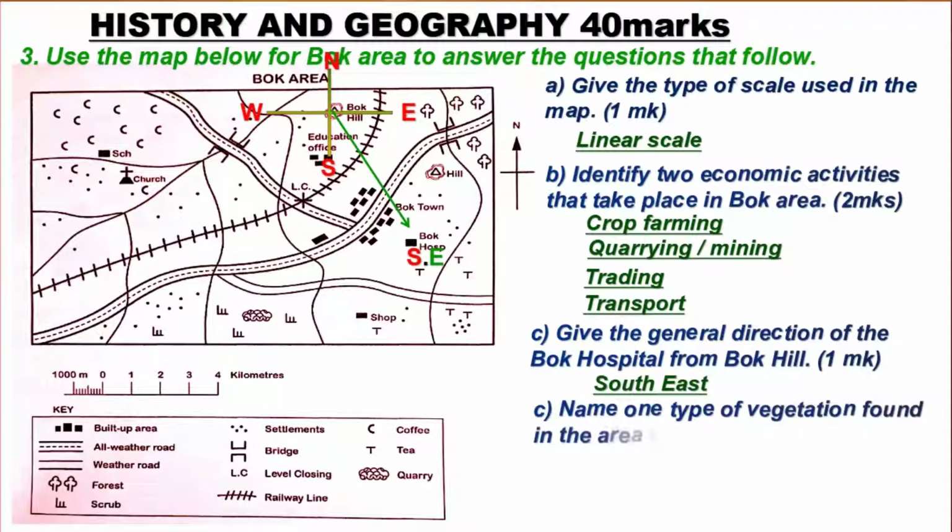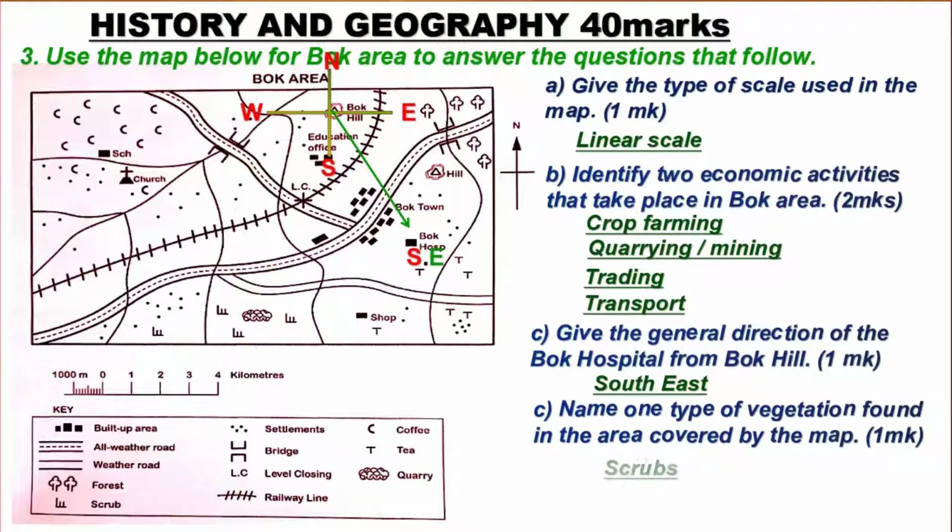Question number D. Name 1 type of vegetation found in the area covered by the map. So what is vegetation? The ground cover. So this is one of them. Can you see them?